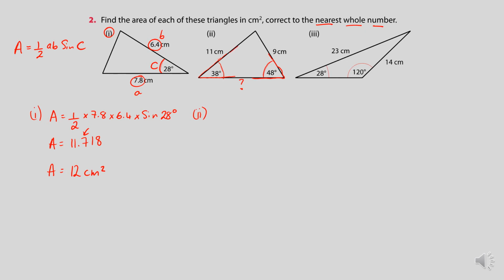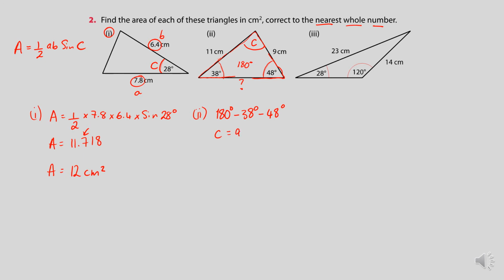I do have two sides for this top angle, but I don't know that angle. However, I can use my knowledge that all the angles in a triangle add up to 180 degrees to find angle C. So 180 minus 38 minus 48, and I get 94 degrees.